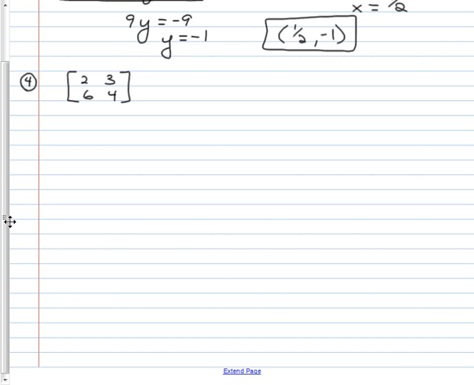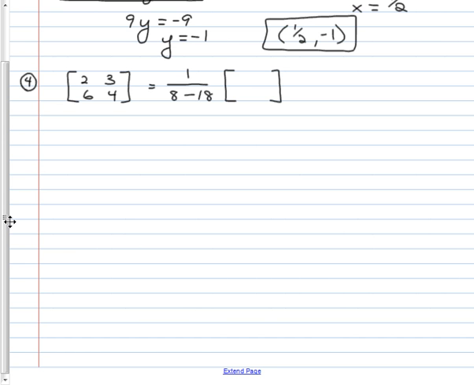Finding the inverse means I'm going to take 1 over the determinant. Remember how to get the determinant of a 2x2? Yeah. 2 times 4, 8, minus 6 times 3, 18. Times the matrix where I do some changes. Do you remember what we do with the 2 and the 4?